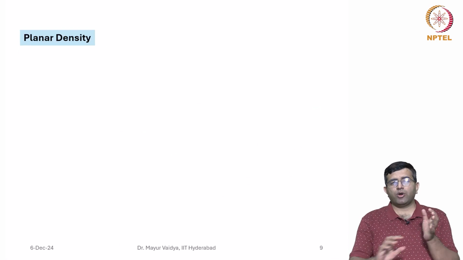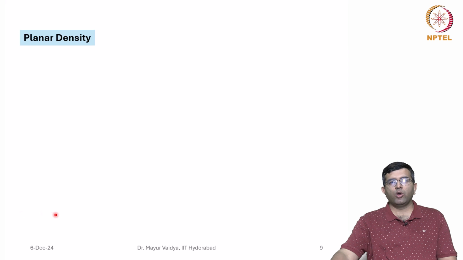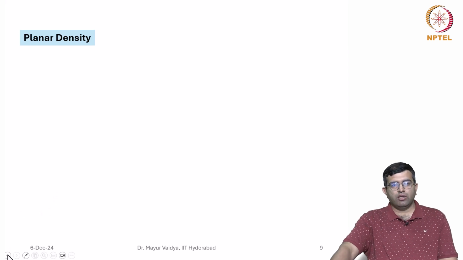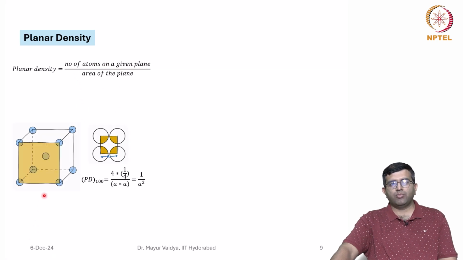It is also sometimes important from a diffusion point of view, from a deformation point of view, to talk about the planar density. Planar density is basically the number of atoms on a given plane divided by the area of the plane. For example, if I take a BCC unit cell, and if I talk about a 100 plane. This is a 100 plane, and in the 100 plane, you see that the atoms are shared like this.